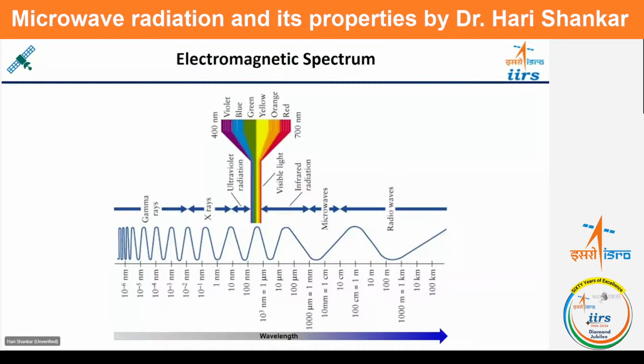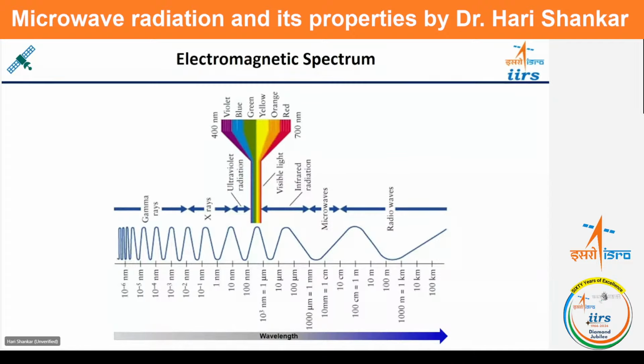If you see here, the electromagnetic spectra, the wavelength varies from the cosmic rays to gamma rays, X-rays, ultraviolet, visual, infrared, then thermal infrared, microwave, and the radio waves. All the wavelengths are there, but we cannot use all of them for remote sensing, especially for space-borne remote sensing.